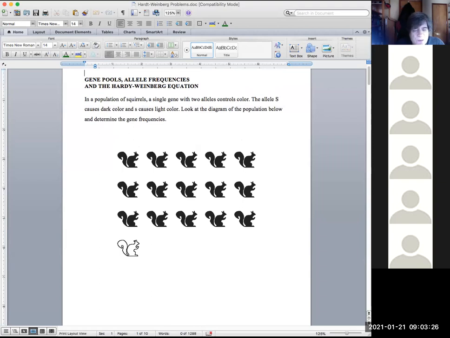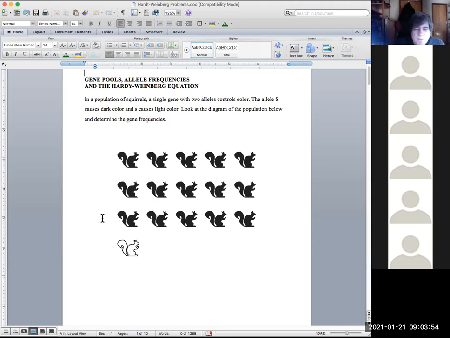But we have to be able to think, when we see a certain combination of letters or an individual letter, does that represent a dominant allele? Does that represent a recessive allele? Is it all the individuals in that population that show the dominant phenotype? Because when we work Hardy-Weinberg problems, we're going to be using those numerical relationships on a regular basis.